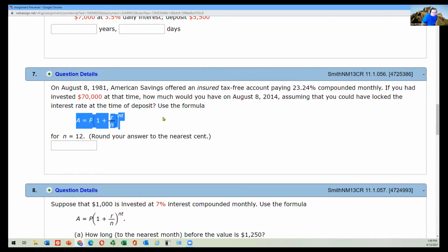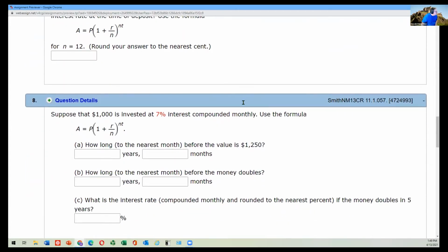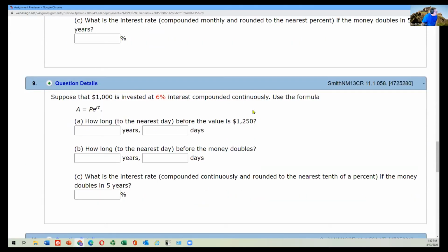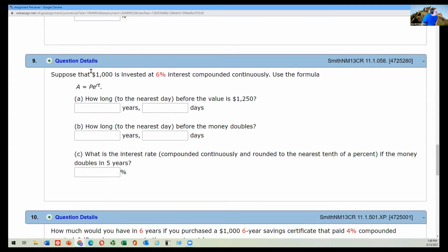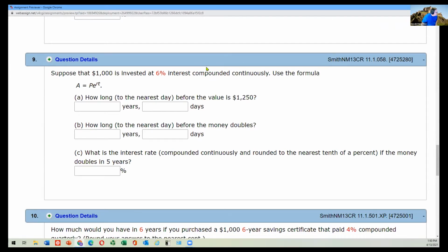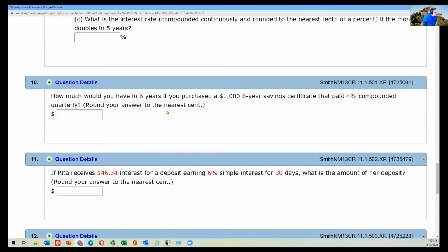Do you see that they've basically told you the formula you're going to use? So that's similar to what we've done today. Question 8 is another one of those. Question 9, you're going to invest $1,000 at 6% compounded continuously. Oh, no, that's not one of those. I haven't done those, sorry, take that back.